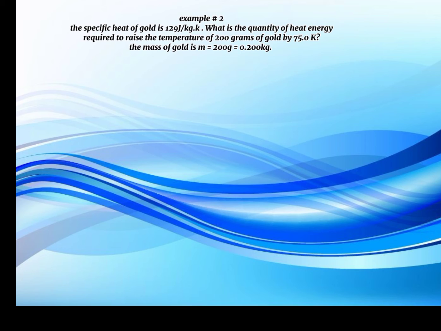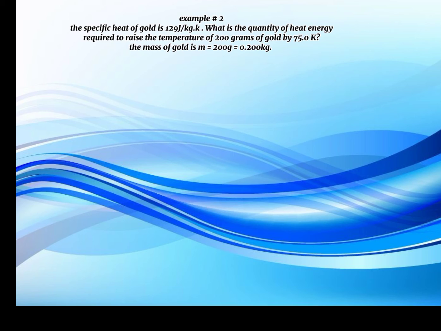Example number 2. The specific heat of gold is 129 joules per kilogram Kelvin. What is the quantity of heat energy required to raise the temperature of 200 grams of gold by 75.0 Kelvin? The mass of gold is m equals 200 grams equals 0.200 kilograms.